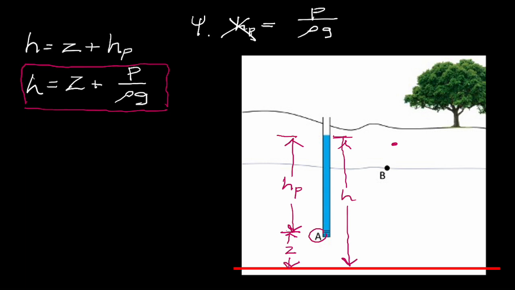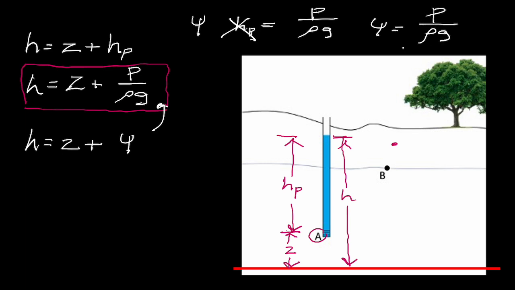It's exactly the same thing. So in the soil zone, we could write H equals Z plus psi, but really that is identical to what we did before. And psi, being the same as H sub P, is also equal to P over rho G.